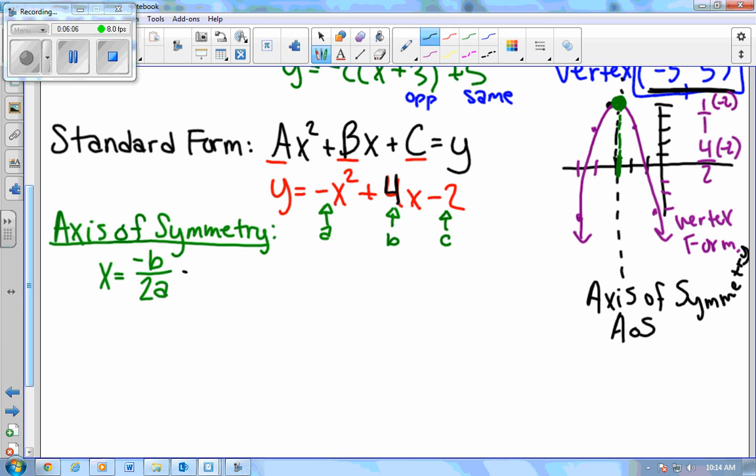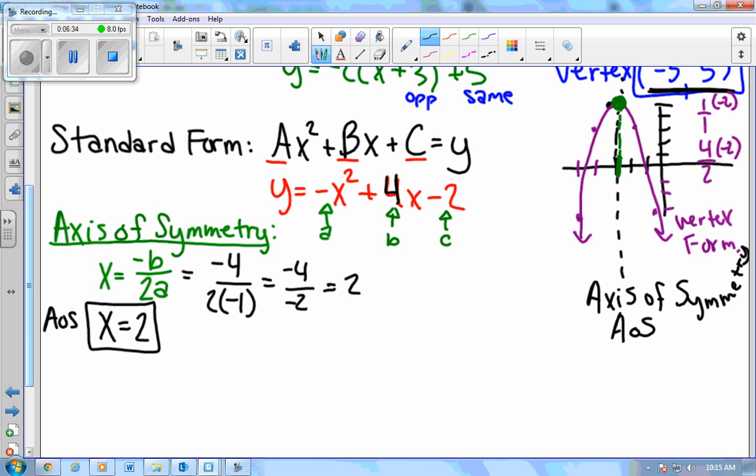When we find the axis of symmetry, we do opposite b, or negative 4, over 2 times the a value. What's the a coefficient? Negative 1. Great. Which would give us negative 4 over negative 2, which gives us 2. So the axis of symmetry is the equation x equals 2.